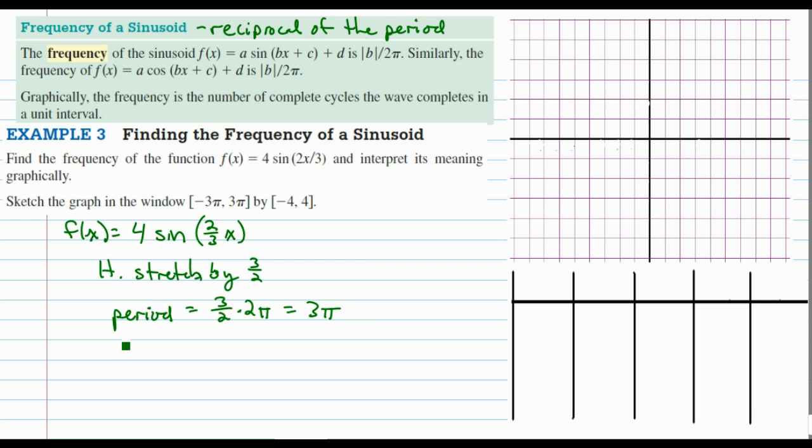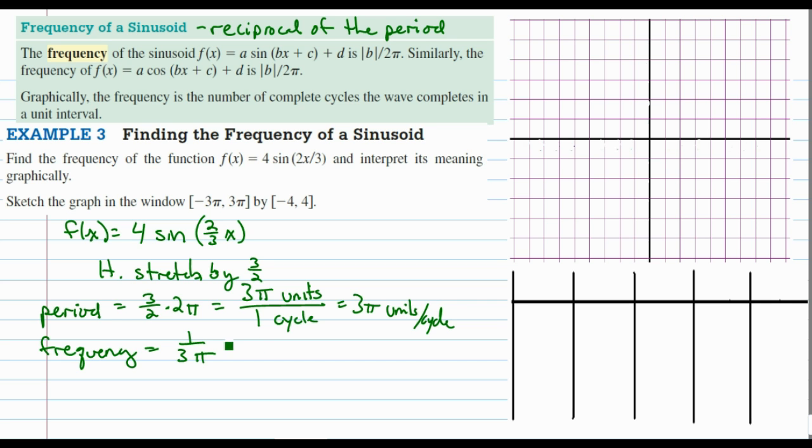Since the period is 3 pi, the frequency is 1 over 3 pi. Like I said before, they are reciprocals. If the period is 3 pi, that means there are 3 pi units needed to complete 1 cycle, so this is 3 pi units per cycle.